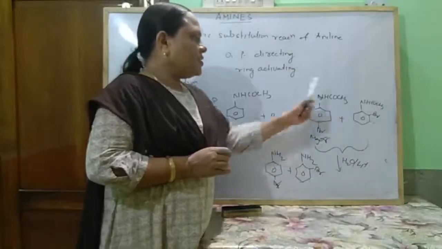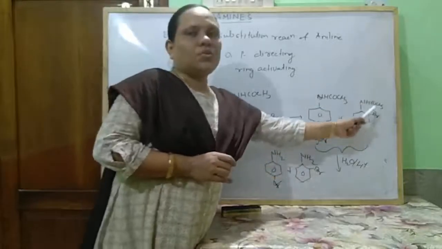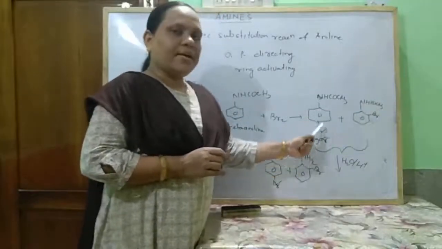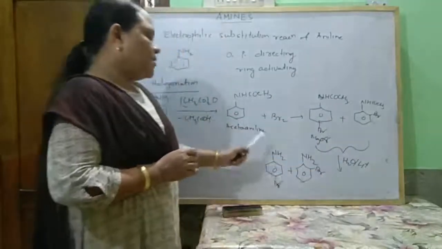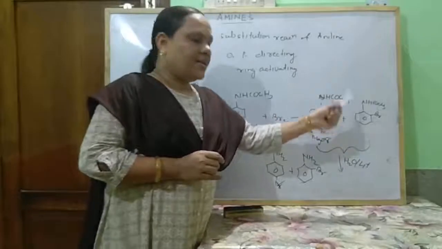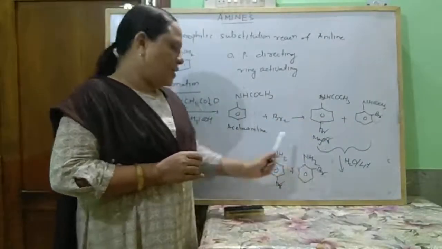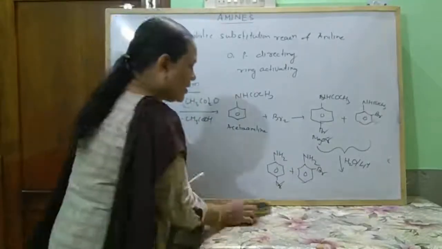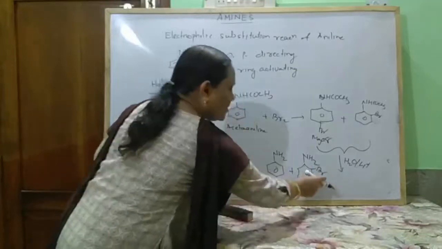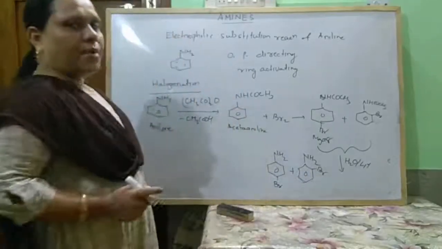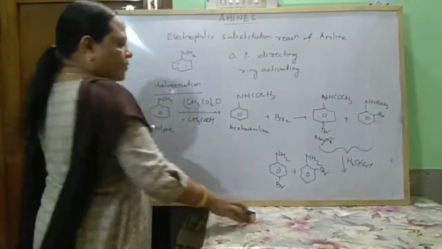Then this acetanilide is treated with bromine to form a mixture of ortho-bromoacetanilide and para-bromoacetanilide. When these undergo hydrolysis, the acetyl group is removed again and it forms ortho-bromoaniline and para-bromoaniline. This one is your ortho-bromoaniline and this one your para-bromoaniline. Okay.